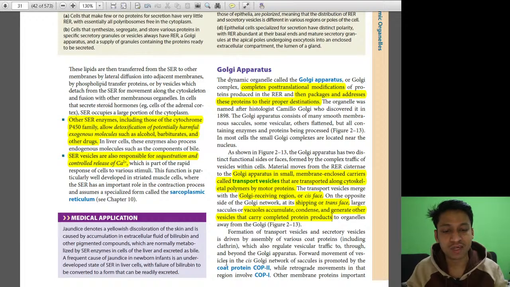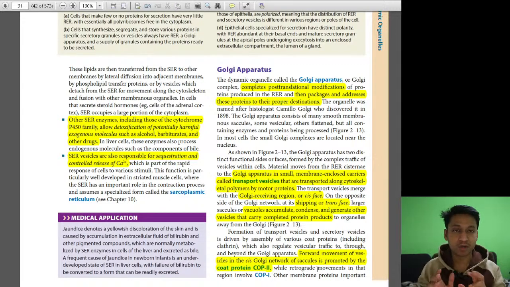Forward movement of vesicles in the cis Golgi network of saccules is promoted by coat protein 2. We need to remember the role of these proteins. So forward movement is promoted by coat protein 2, while retrograde movement in that region involves the COP protein 1.